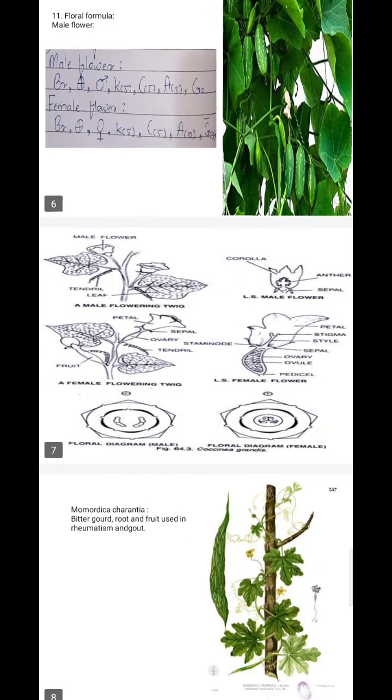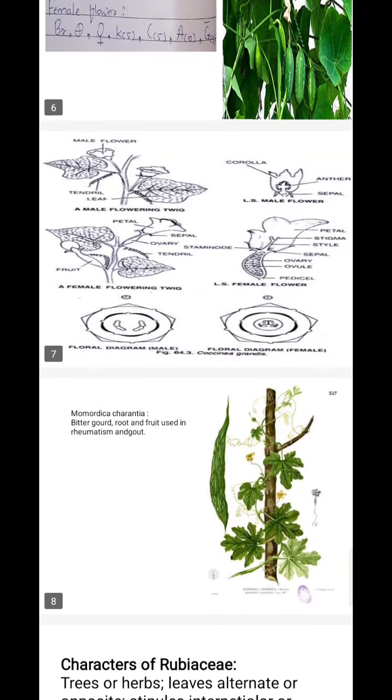Next is the economic importance of these Cucurbitaceae. Various vegetable plants come under Cucurbitaceae. For example, Momordica charantia, that is karela or bitter gourd; its root and fruits are used in rheumatism. In rheumatism, karela is used a lot.